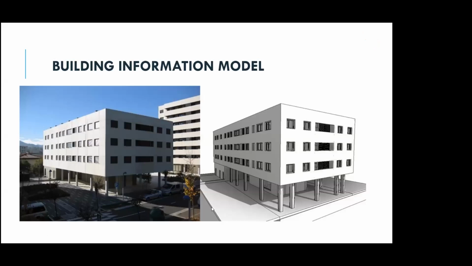Let me just show you from there. Yeah, from here I think it would be helpful. So yeah, this was the 3D intelligent model, and this one is the actual environment.